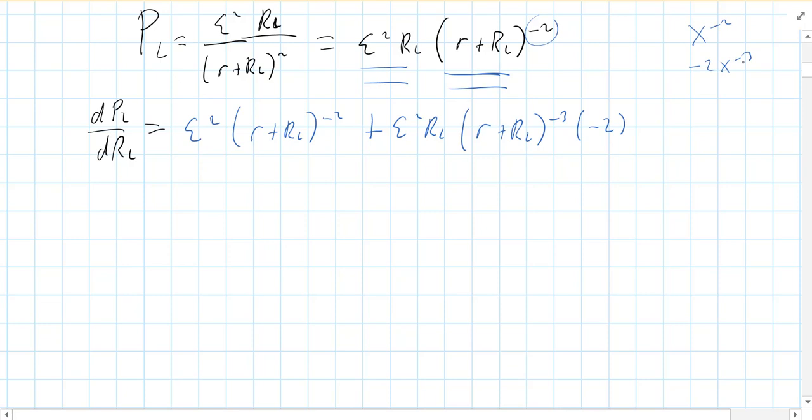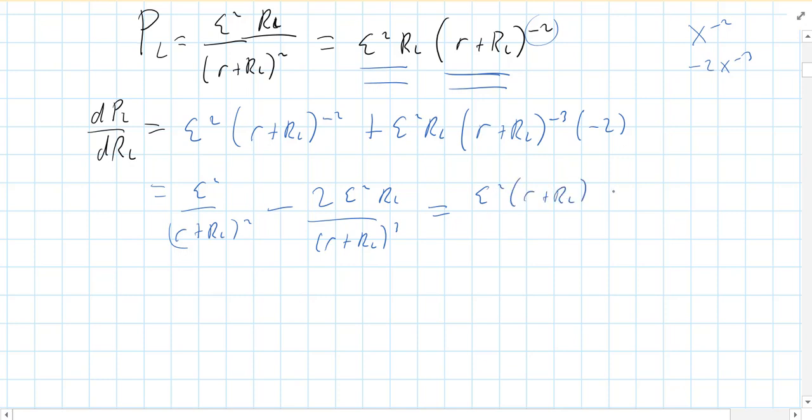Now we need to get common denominators, so I'll rewrite this out. You get E squared over (little r plus RL) squared, and then this will become a minus: 2E squared RL over (little r plus RL) to the third. If I get common denominators, I have to multiply the first fraction by (little r plus big R). If I do that, I get E squared times (little r plus RL), and then the other term will be minus 2E squared RL, and then it's all over our common denominator, (little r plus RL) cubed.